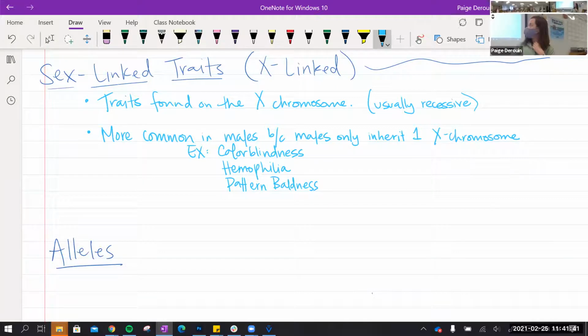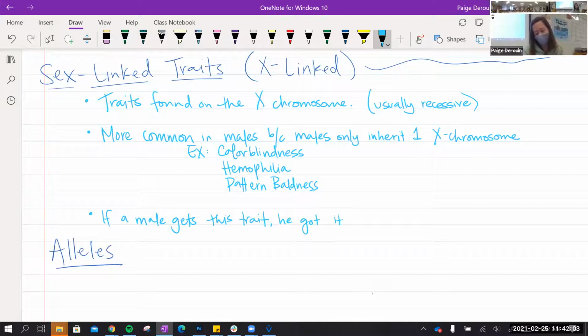Okay. And then one other note that I want to put on here is that if a male gets this trait, which parent did he get it from? Mom. Yes. Why? Because she gave that. Exactly.